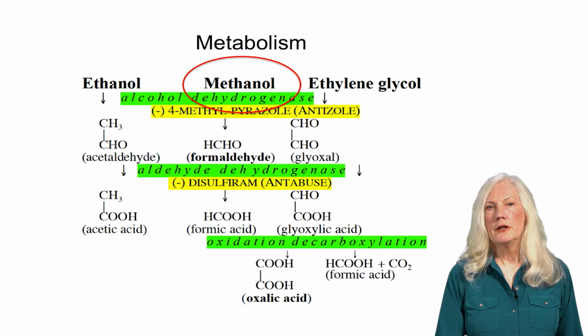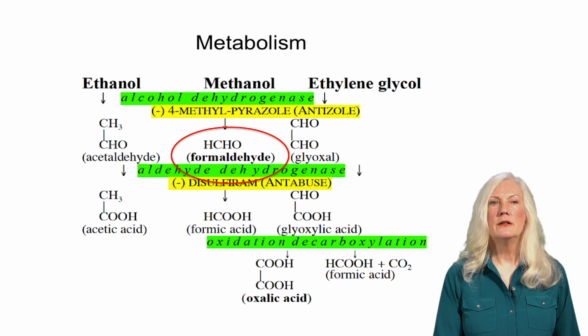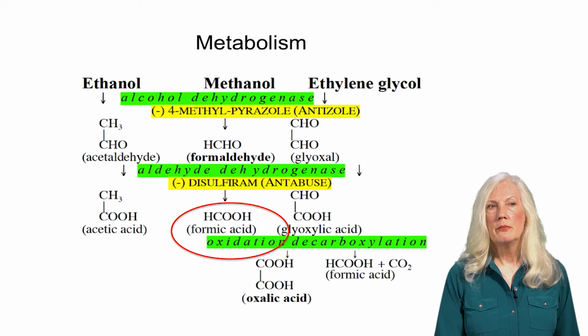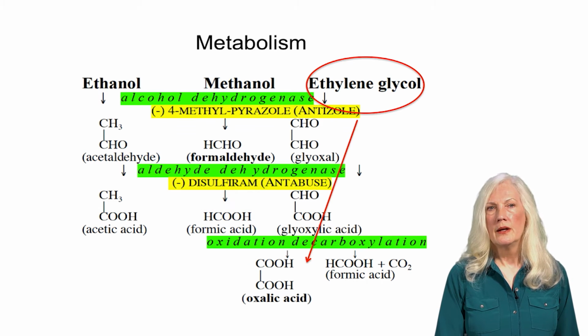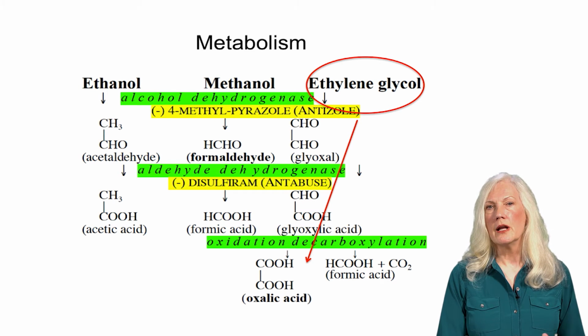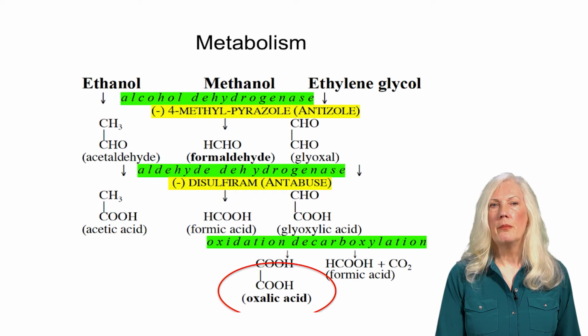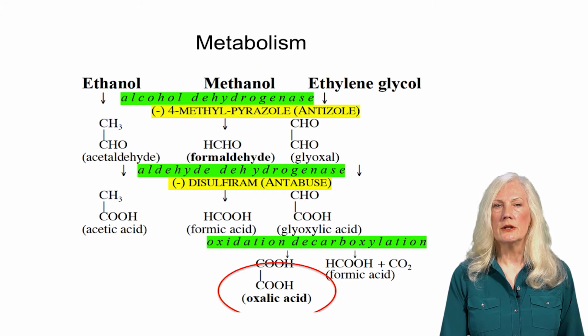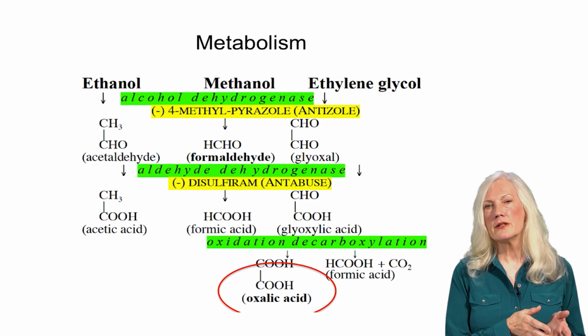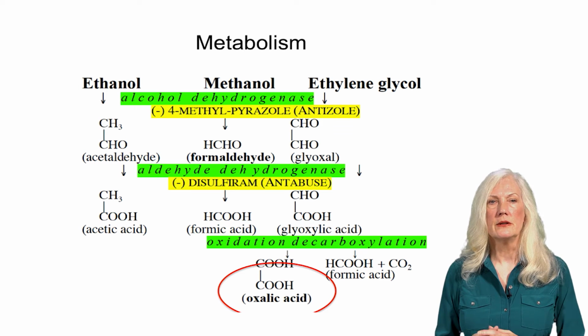Methanol is converted to formaldehyde and then to formic acid by the same enzymes. And ethylene glycol is converted to glyoxal and glyoxylic acid. However, it's further modified by oxidative decarboxylation to a combination of oxalic acid plus formic acid.